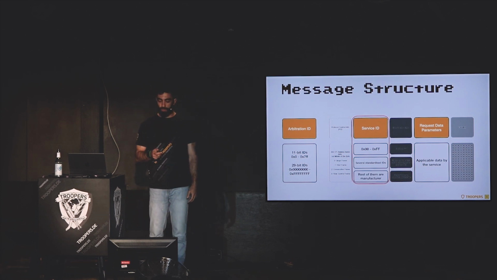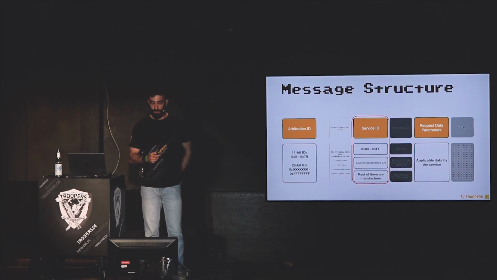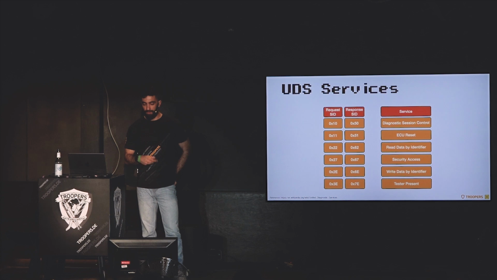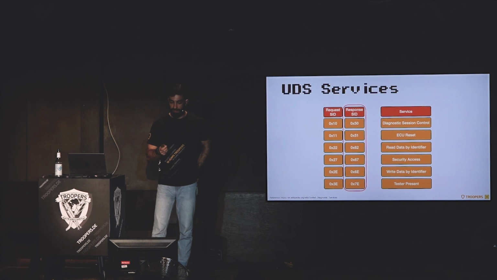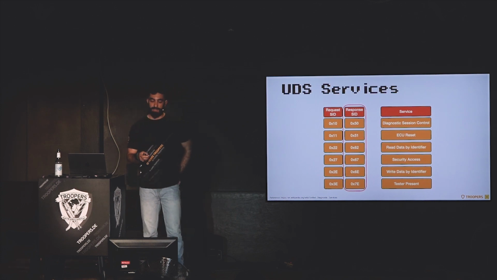Let's start focusing on the service ID, because it will be the main topic that we will see today. As you can see in UDS, for a specific service you will have a specific request SID with the corresponding response service ID. For example, here are some examples of services.